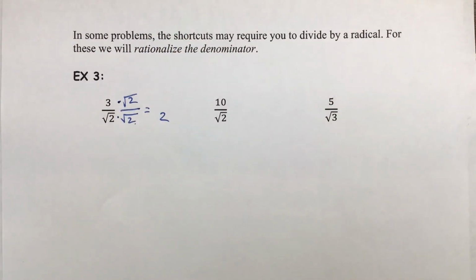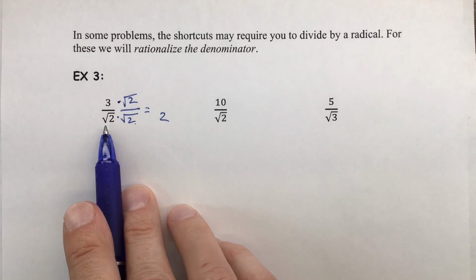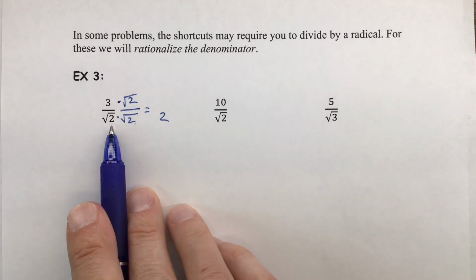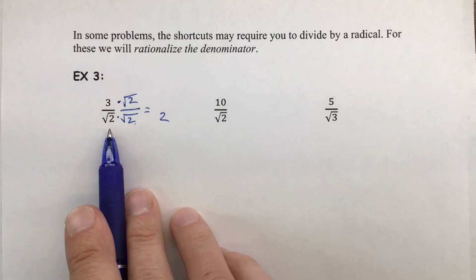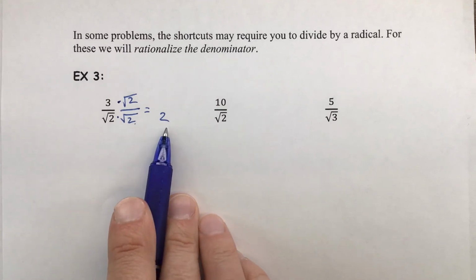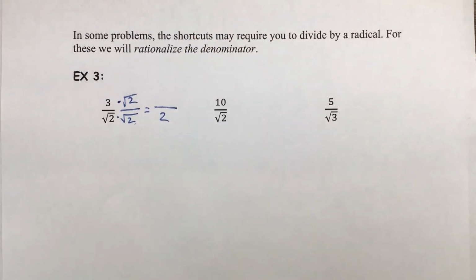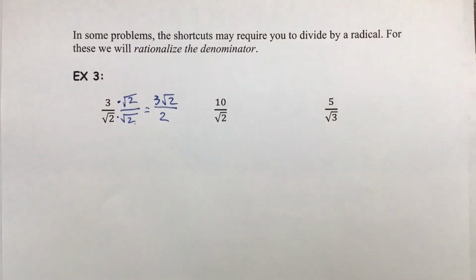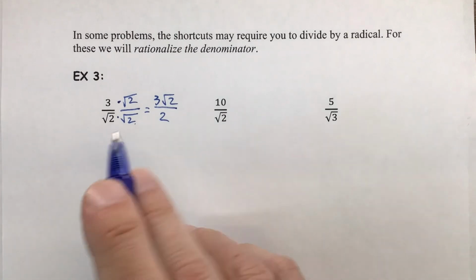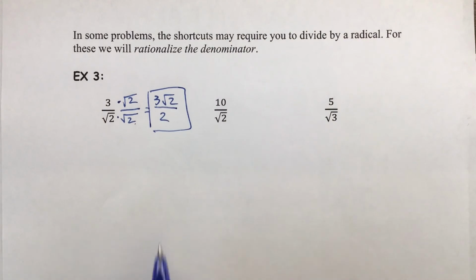A square root is just the number that you'd multiply by itself to get the value inside. So if I multiply these together, which is multiplying by itself, I get back 2. For the top, nothing fancy happens. You just write 3 square root 2. But in the math community, we prefer that answer over this one because it has a radical in the top and not in the bottom.